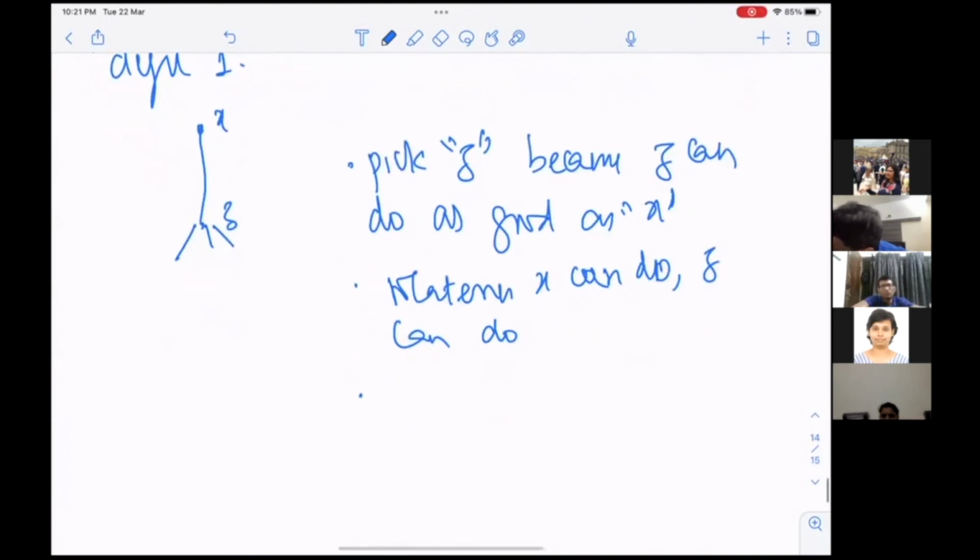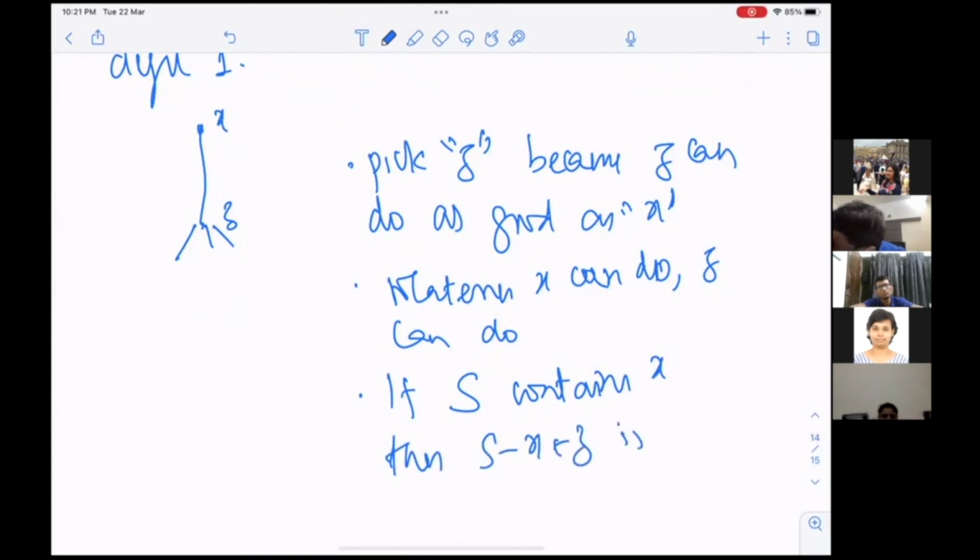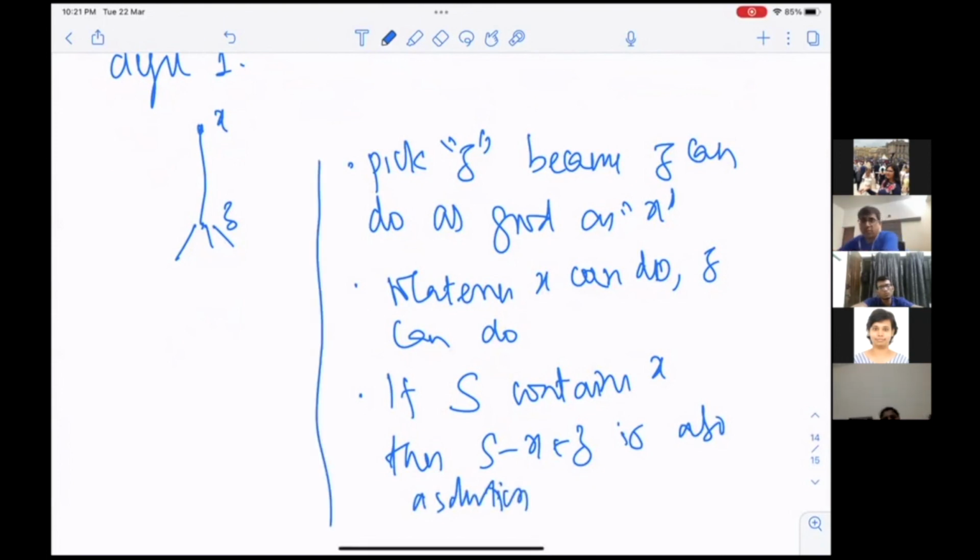If my S contains X, then S minus X plus Z is also a solution. This is what we were saying all the time, right?